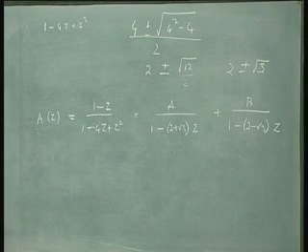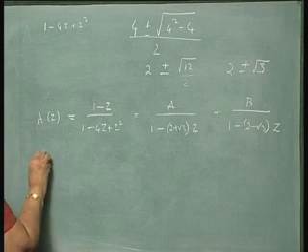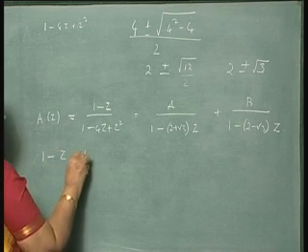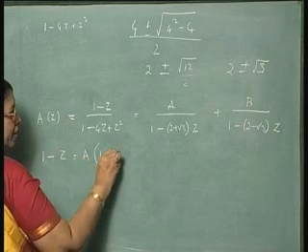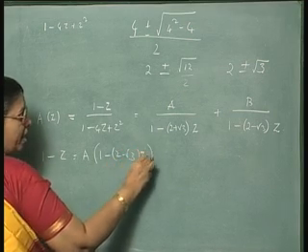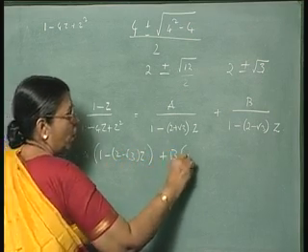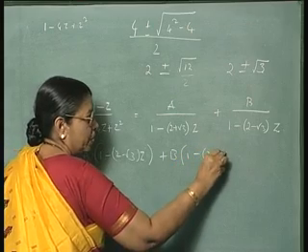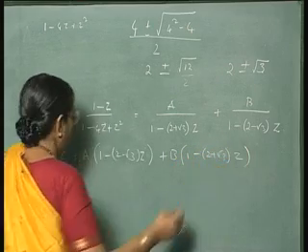Now you have to find the value of a and b. How do you find that? 1 minus z equal to a into (1 minus (2 minus root 3) z) plus b into (1 minus (2 plus root 3) z).